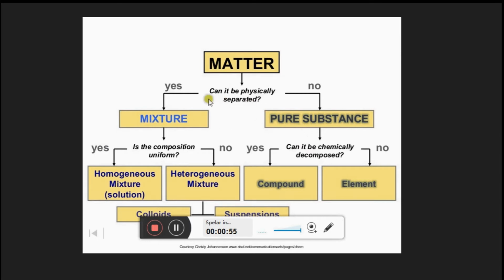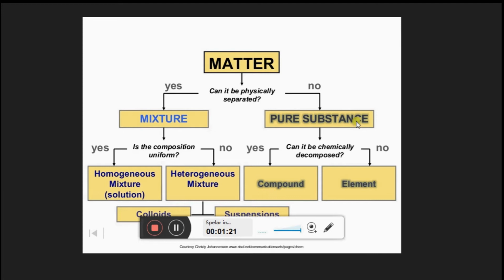On the basis of separation, can it be physically separated? Yes, mixtures can be physically separated, but pure substances cannot be separated. Pure substances have constant composition and are always homogeneous.